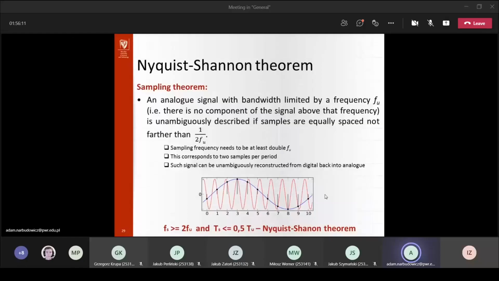It can also be explained, so this is the explanation from the time domain. Later on, if we have some time left, we can also look at analogous reasoning from the frequency domain point of view.